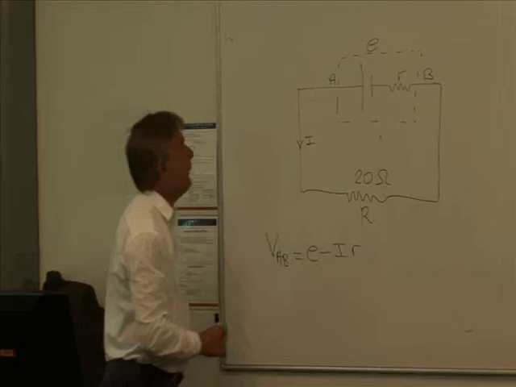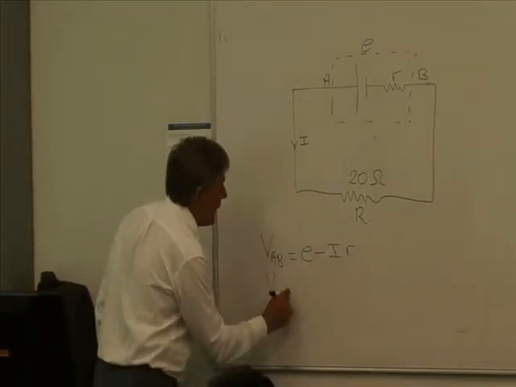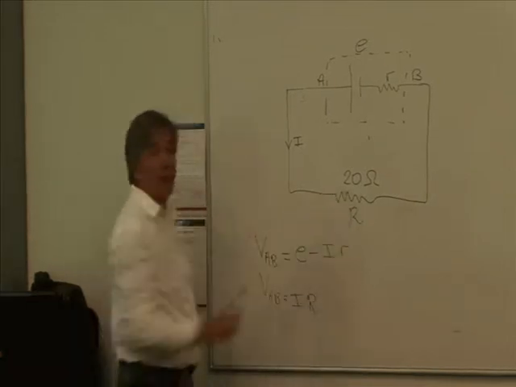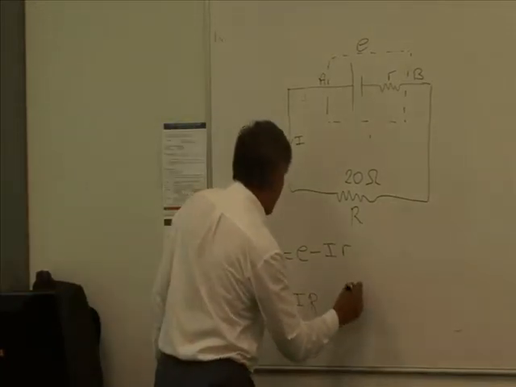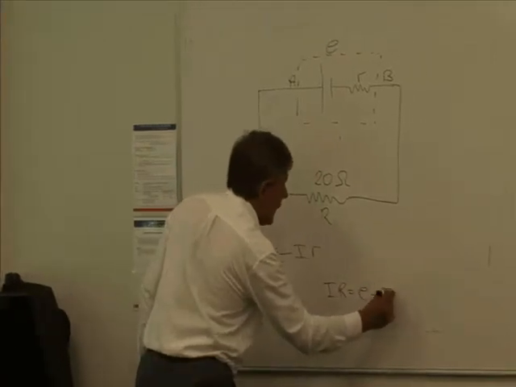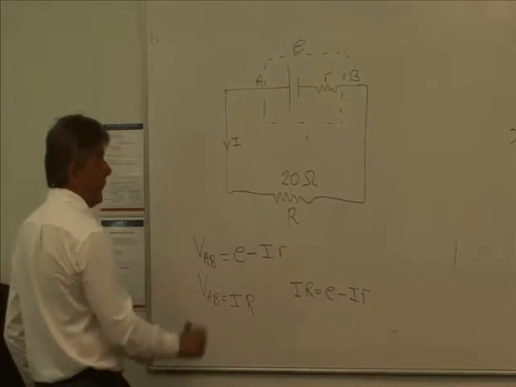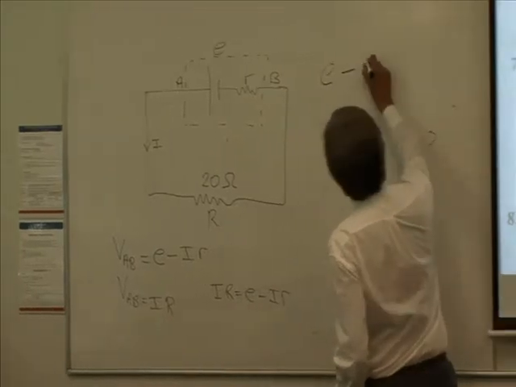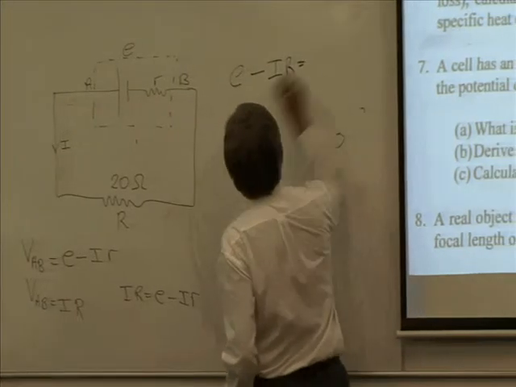Okay, well, can we go any further? Yes, we can, because we know that VAB equals I big R, this resistance here. So we can eliminate that, VAB, and we can say that IR equals E minus Ir. And we're trying to get the internal resistance. So what are we going to have? We're going to have E minus IR equals Ir.